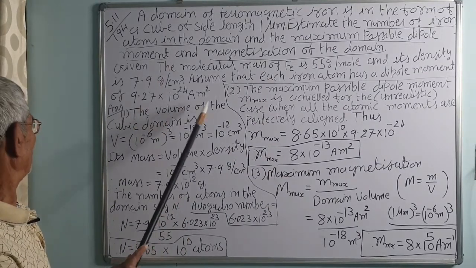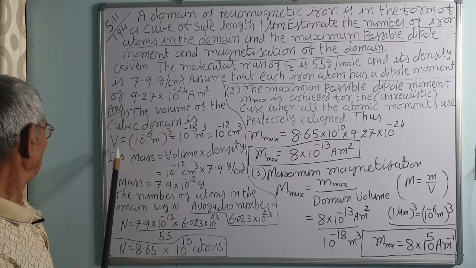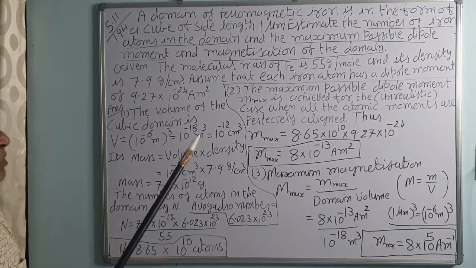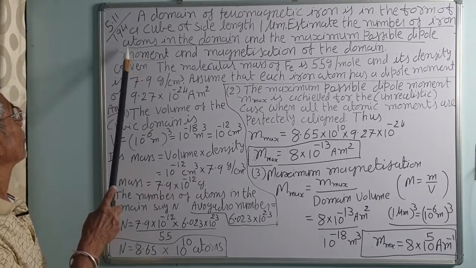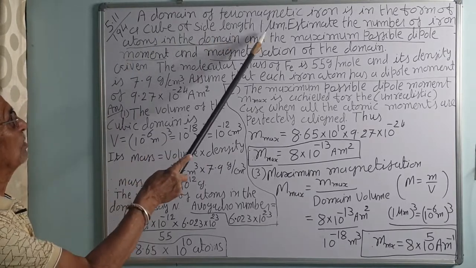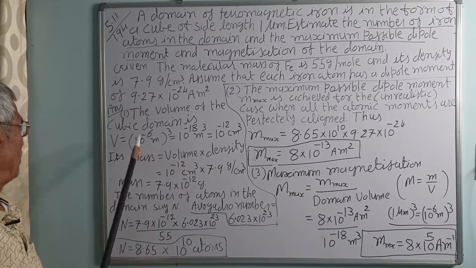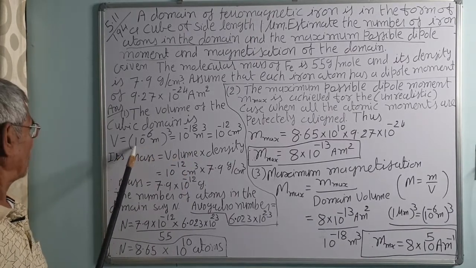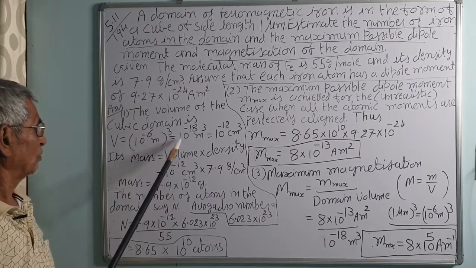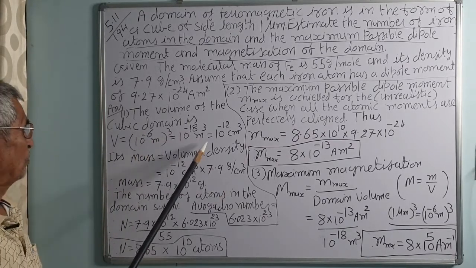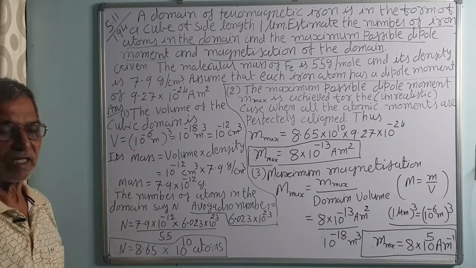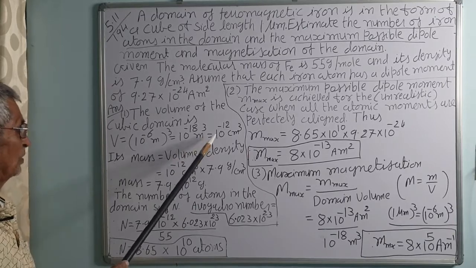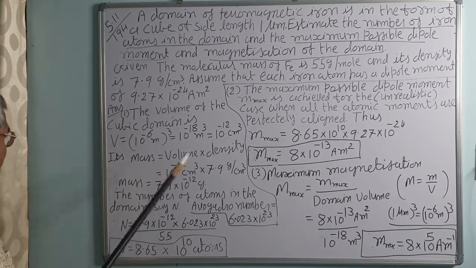The volume of the cubical domain: the side of the domain has a length 1 micrometer. So the volume is length cubed, that is 10 raised to minus 6 meter cube, that is 10 raised to minus 18 meter cube, or 10 raised to minus 12 centimeter cube, because 1 meter cube is equal to 10 raised to 6 centimeter cube.